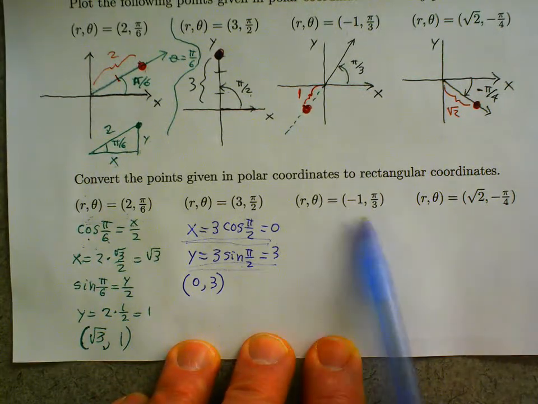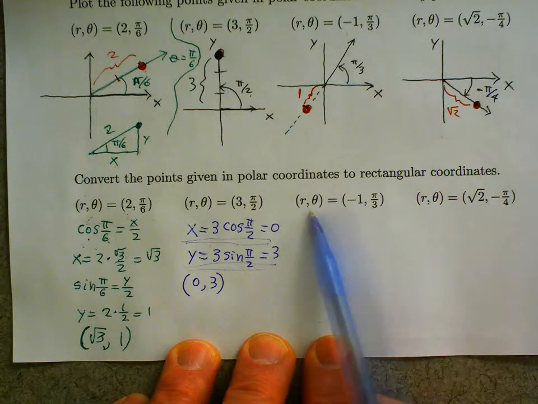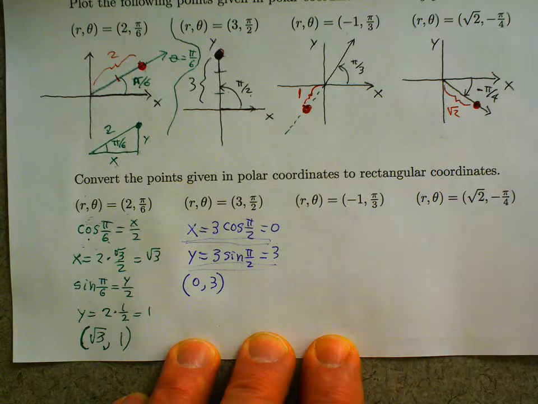Okay, the next ordered pair in polar coordinates is (-1, pi over 3).